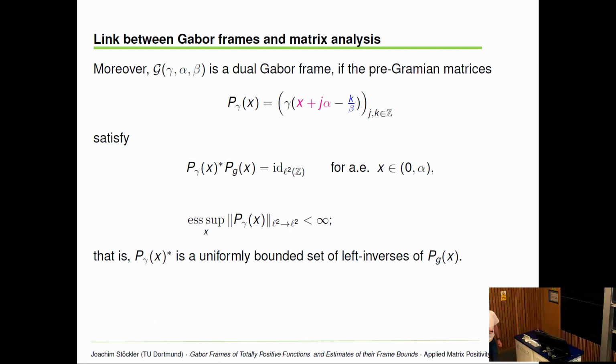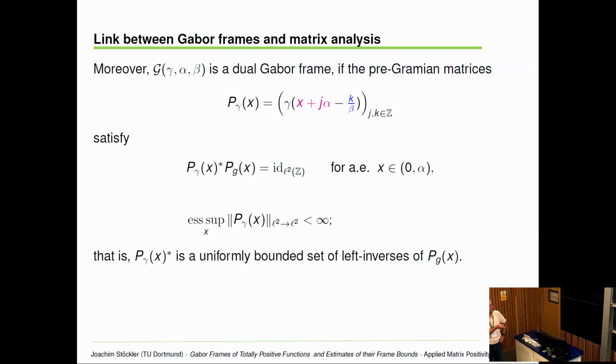Much more can be taken from this Ron-Shen matrix. For example, you can find dual windows by constructing left inverses of P_g(x). So if you find, let's say, a left inverse which has the structure of a Ron-Shen matrix with a different window gamma, then you have found a dual window.